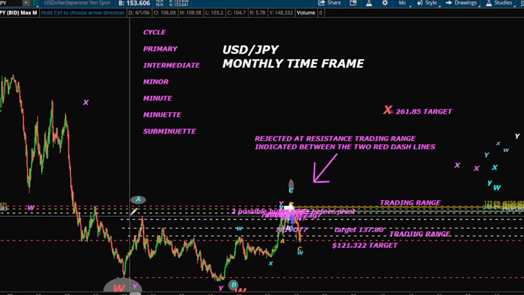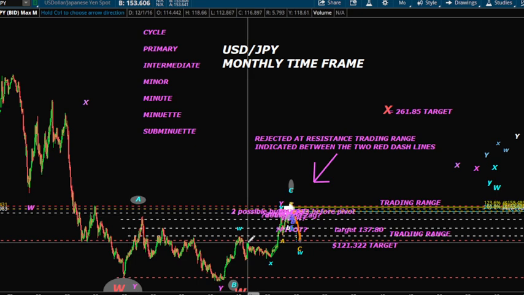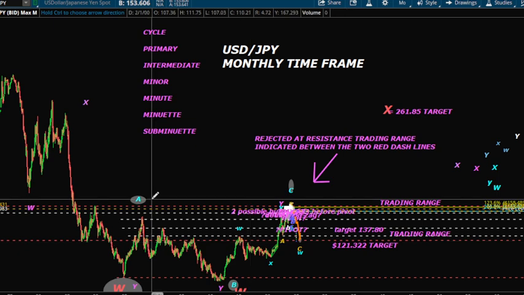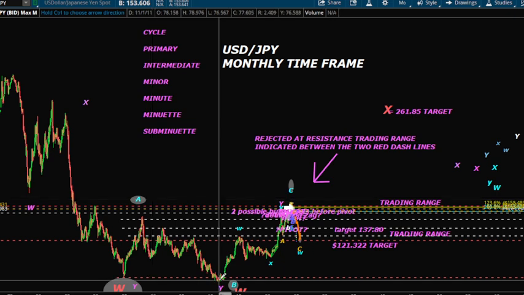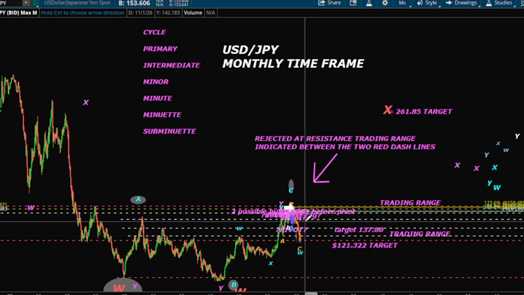So I went ahead and just labeled when I see the actual form of a move, like a flat or a zigzag or double zigzag, I'll go ahead and label those A, B, C. So right now, then that would be like, I guess you could say, an alternate count. But if the bottom is here, then I'm looking at a WXY up, already 3 moves, so I would still need a turn down, at least short to midterm.